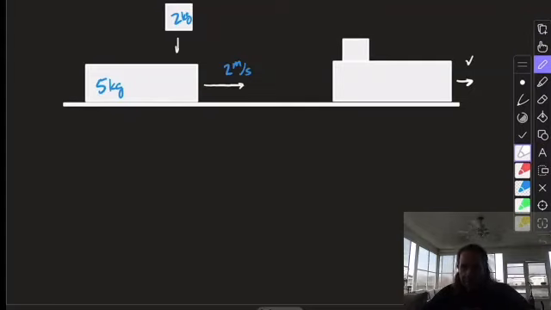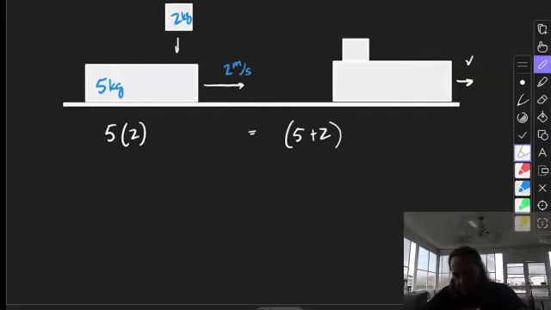So we treat this collision as we would treat any other collision where 2 objects stick together, and we'd have 5 times 2 as our initial momentum, but then 5 plus 2 for the massive block times V final as our final momentum. So the final velocity in this case would be 10/7 meters per second.